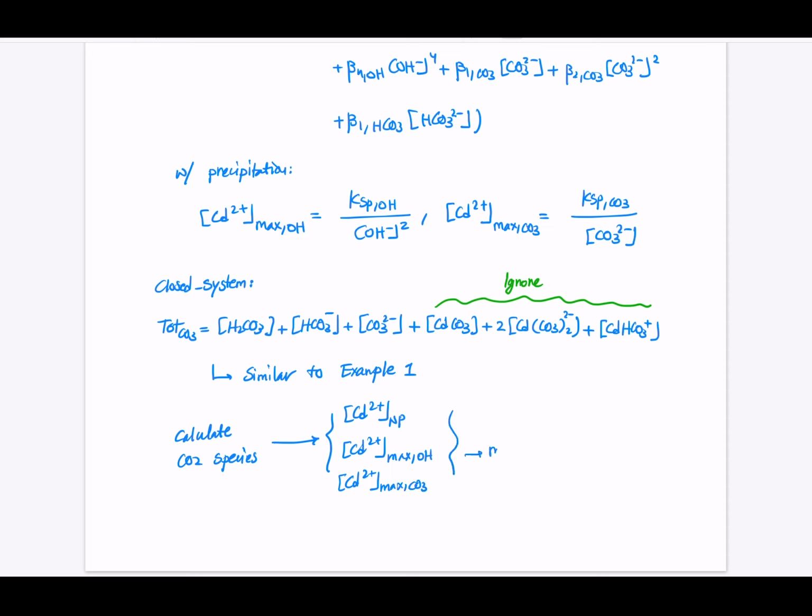Then we take the minimum. That would be our cadmium concentration. Then we solve for other species. So the only difference here this time is that instead of minimum function between the two, we're taking minimum between 3.